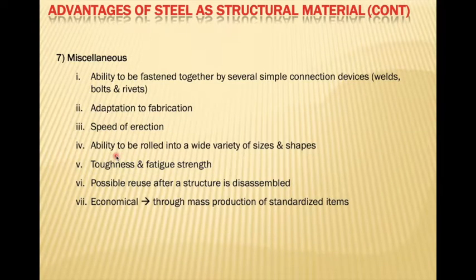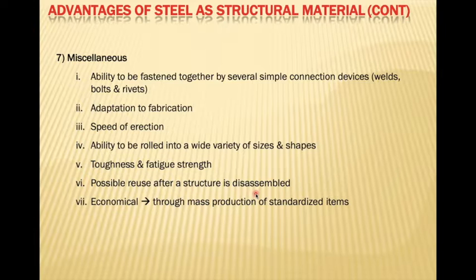Then there is its ability to be rolled into a wide variety of sizes and shapes, toughness, and also fatigue strength. It is possible to be reused after a structure is disassembled, because steel is one of the materials that we can melt back and recycle.